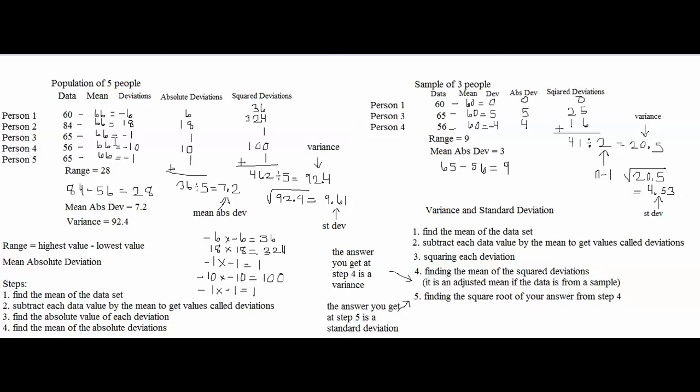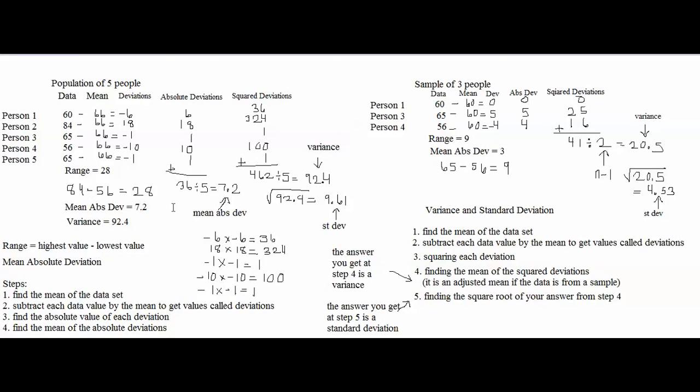The idea is that with any measure of dispersion, the value should come out to a higher number when the data set has more dispersion, which means that since the variance and standard deviation are also measuring the dispersion, the variance and standard deviation of the population should come out higher, and the variance and standard deviation of the sample should come out lower, because the population has more dispersion and the sample has less dispersion.